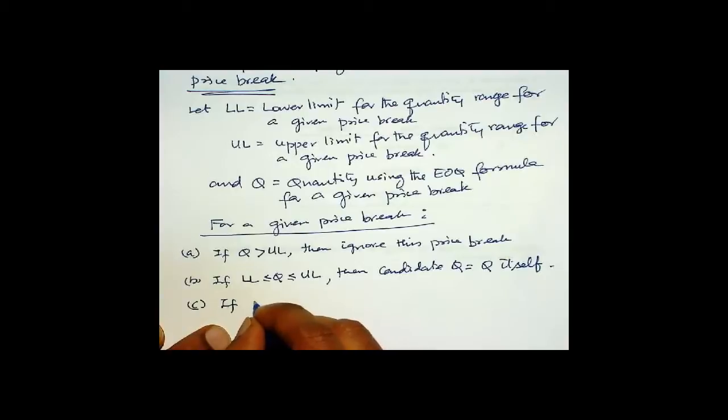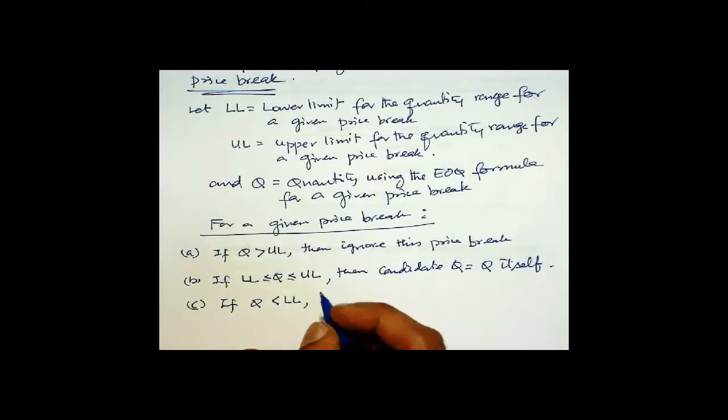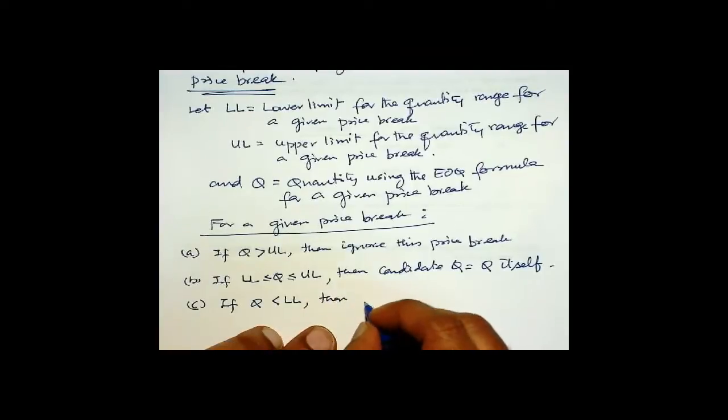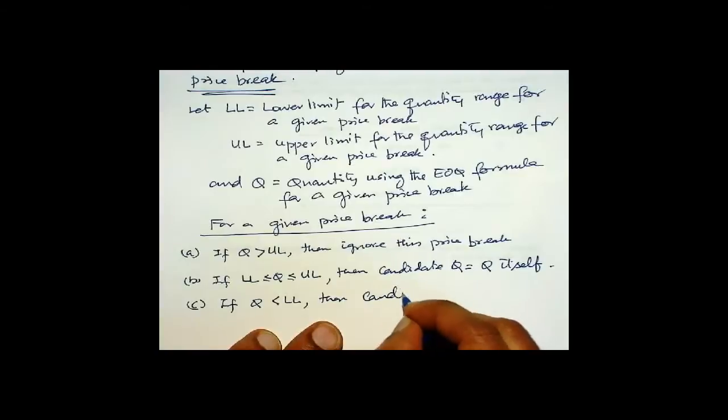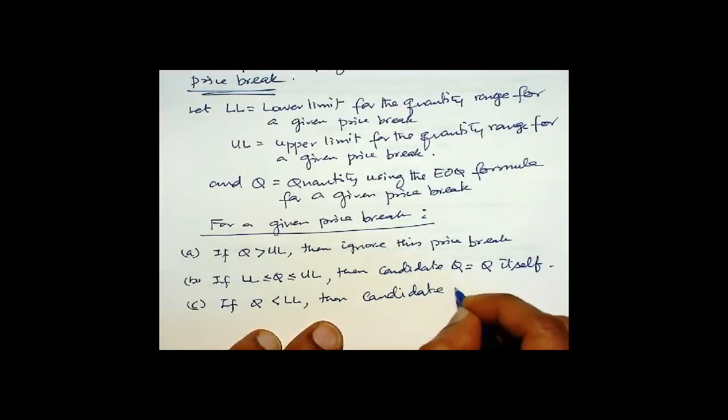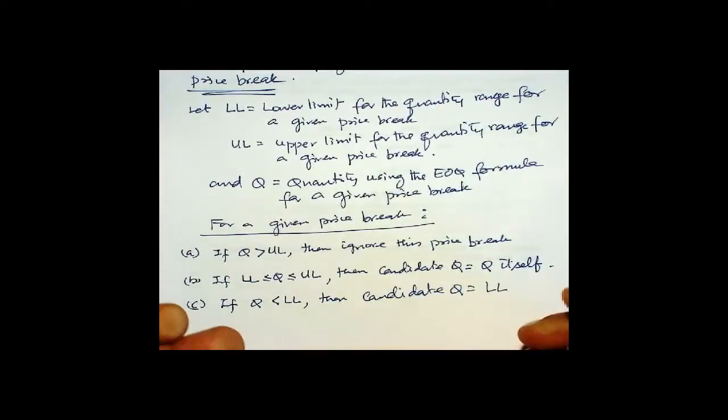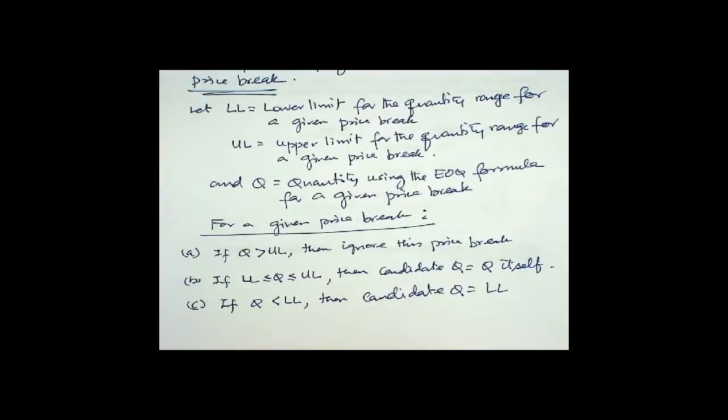Now if Q is less than lower limit, then you have to ignore Q. Candidate Q will become the lower limit. So the lower limit is taken as the candidate Q. So that's what we're going to do now for this problem.